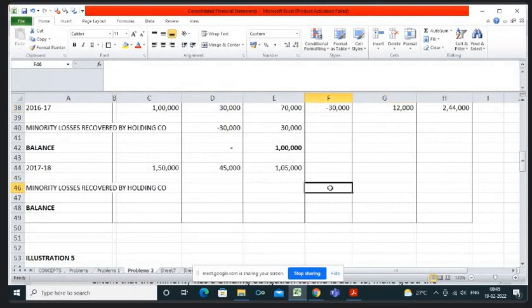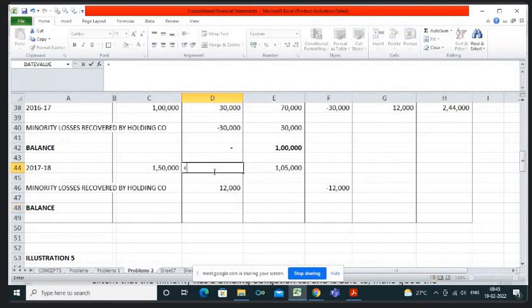It is 12,000. So that one also now will be recovered. So if you recover this from the profit of minorities, the balance becomes 45,000.